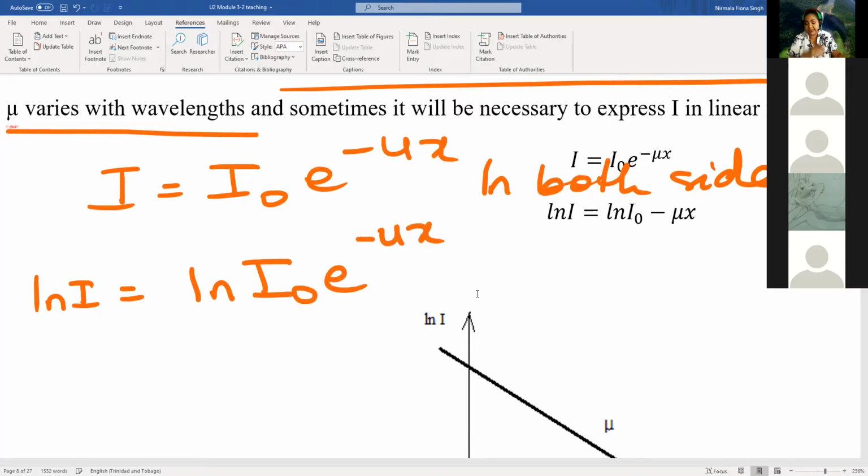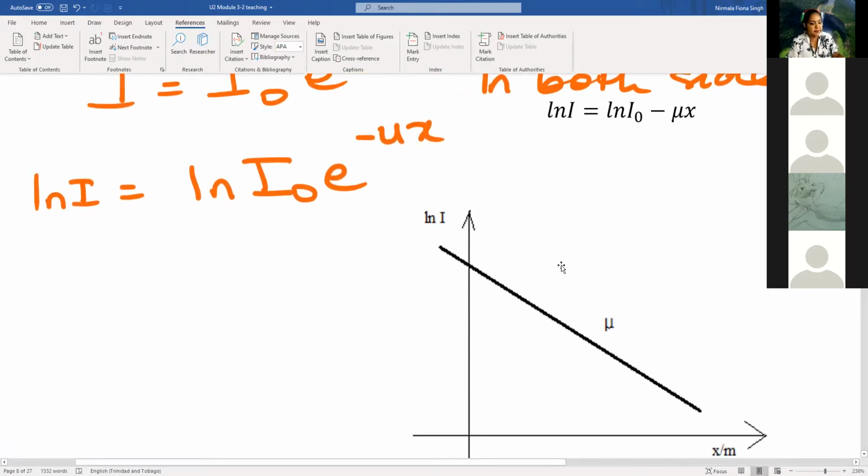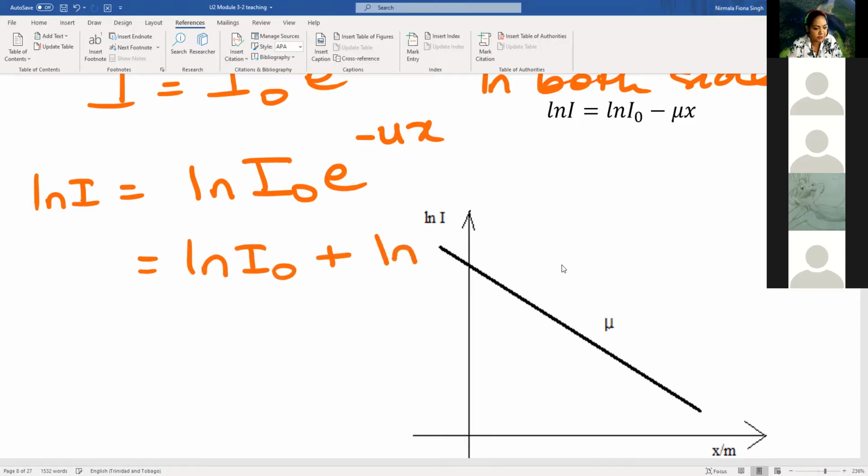I'm showing you the entire length. Exams are coming up and make sure you get it. You can remember when we have multiplication in any sort of indices and whatnot, multiplication means addition. We can split it up and add it. So this is going to be ln I naught plus ln e to the minus mu x.